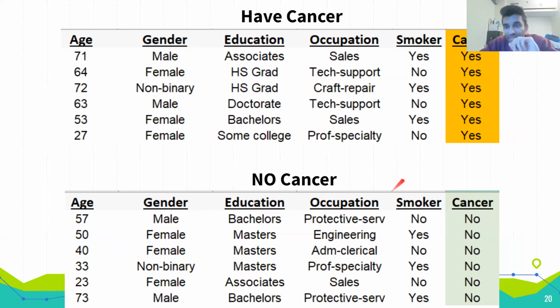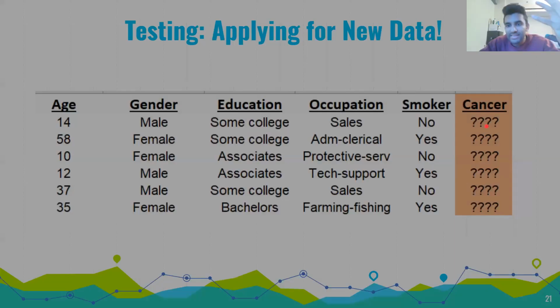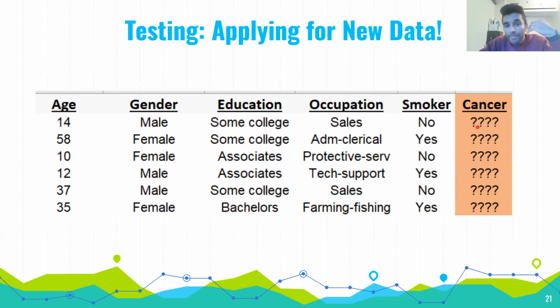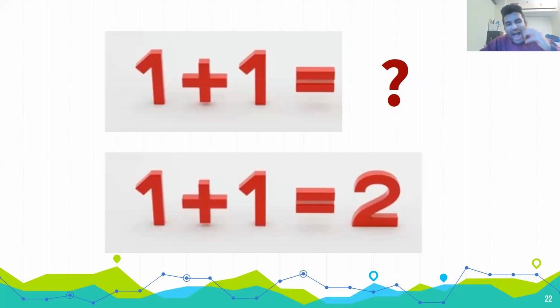So we actually do have the data for the last 2 people. So in this case, we actually do have the data of who has cancer, who doesn't have cancer, but we blind ourselves to it. Our model pretends to not see what the answer is, and the model makes an educated guess and predicts what the answer is, and only then does the model look at the actual answer and see if they line up.